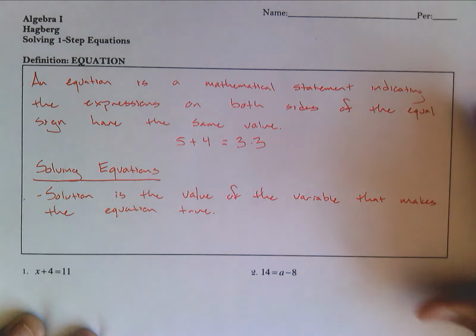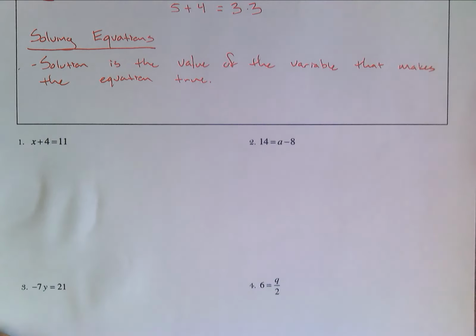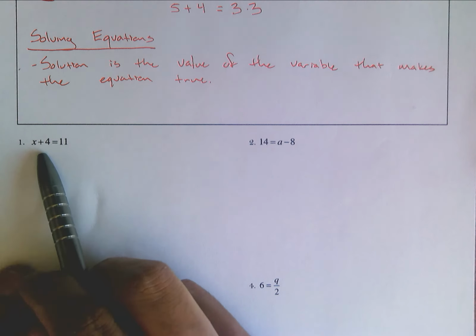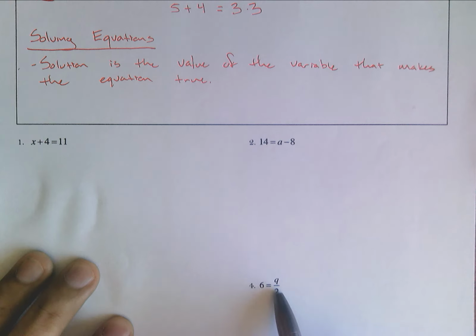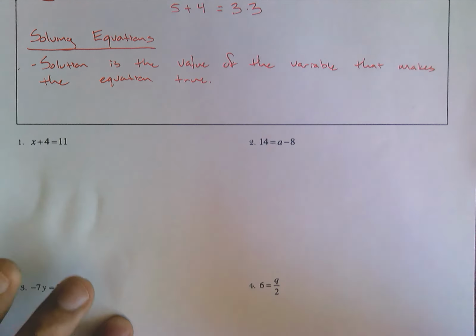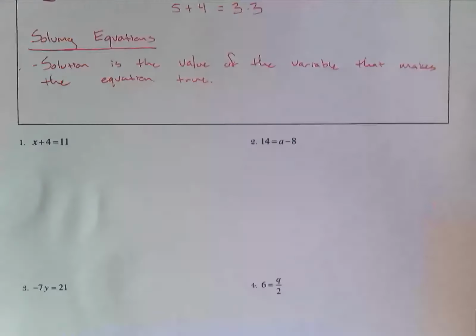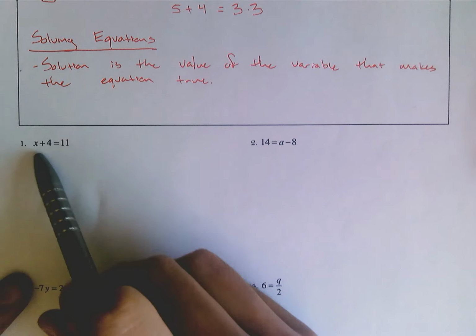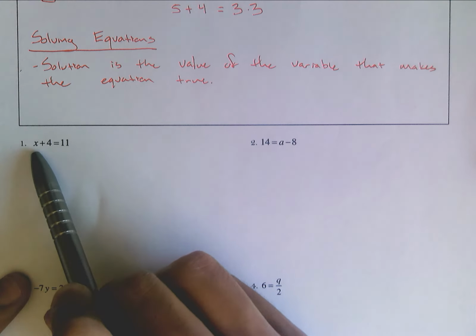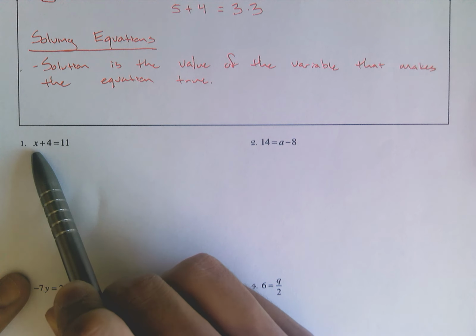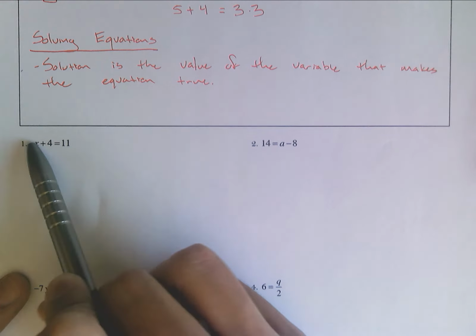And if you look ahead, we can see our four examples here. Each of these examples are equations, and each of them have unknown variables, right? We don't know the value of these variables. Once we find the value, like for this first one, x equals, but we find out what it's equal to, that's going to be the solution to our equation. It's whatever the value is that makes this equation true.